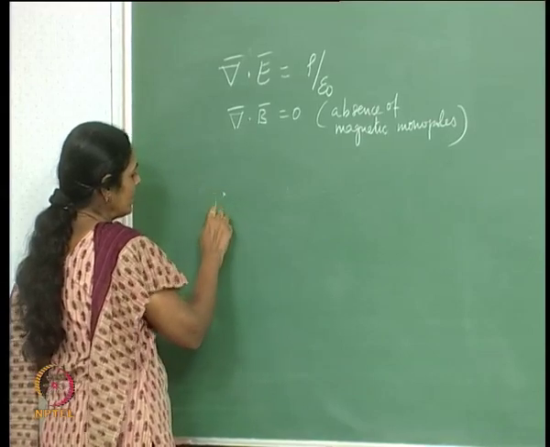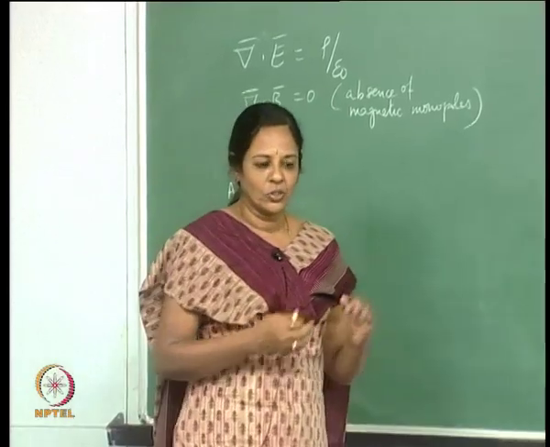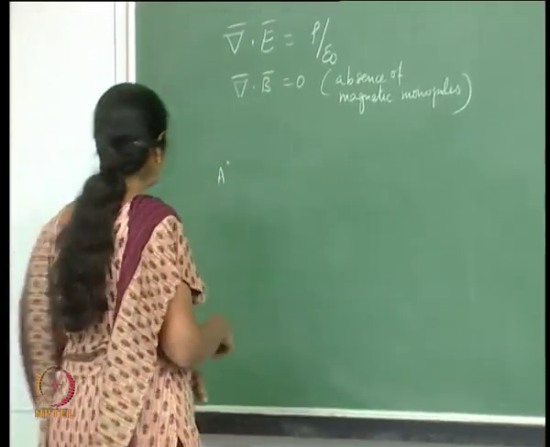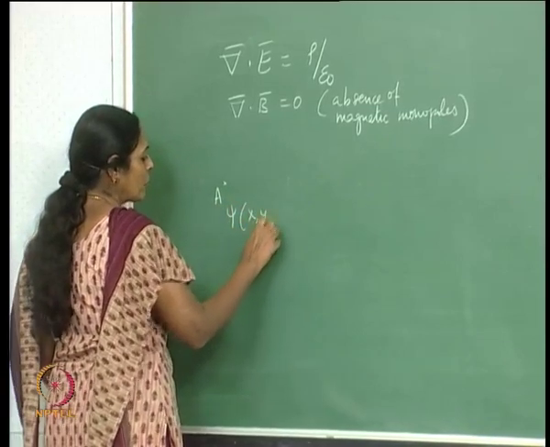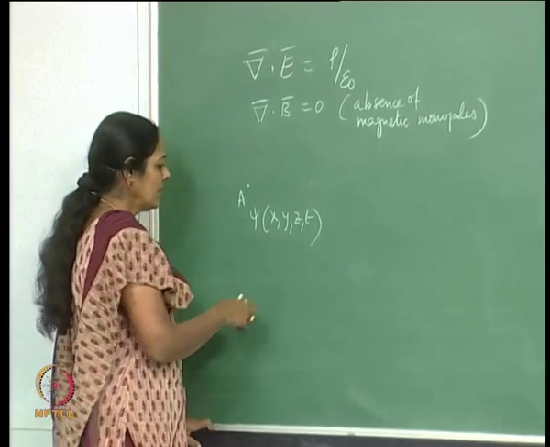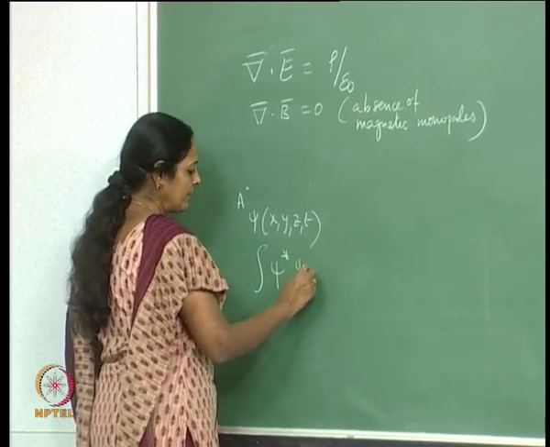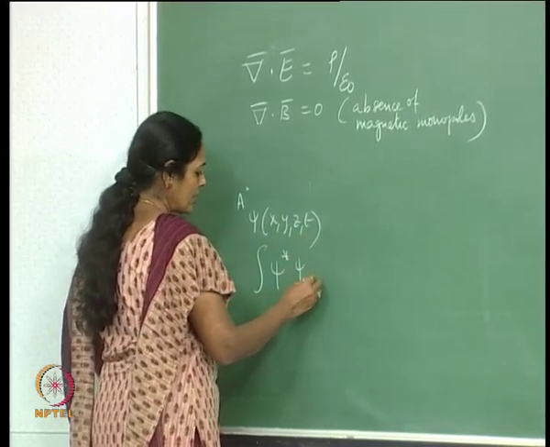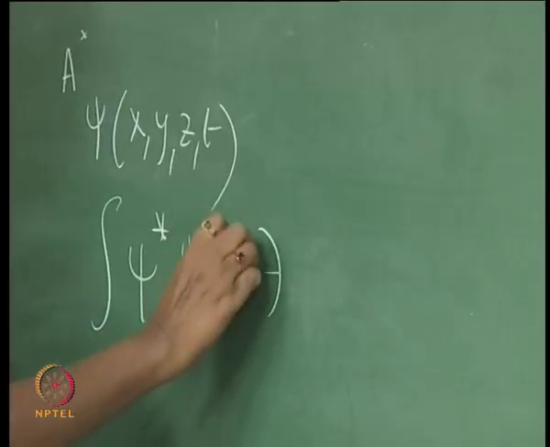Suppose I have a point A in space time. So, the coordinates are x, y, z and t, and I have a wave function psi, which is of course a function of x, y, z and t. This wave function satisfies a normalization condition: the integral of psi star psi over the volume is 1.